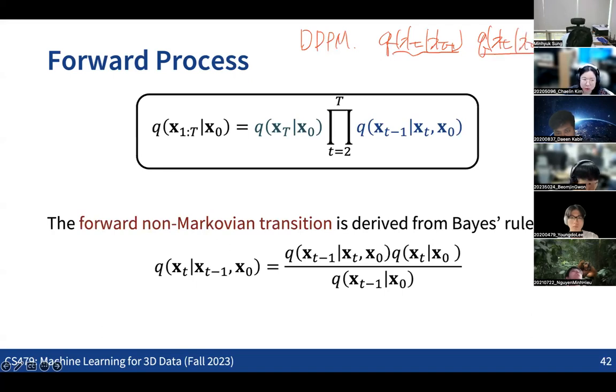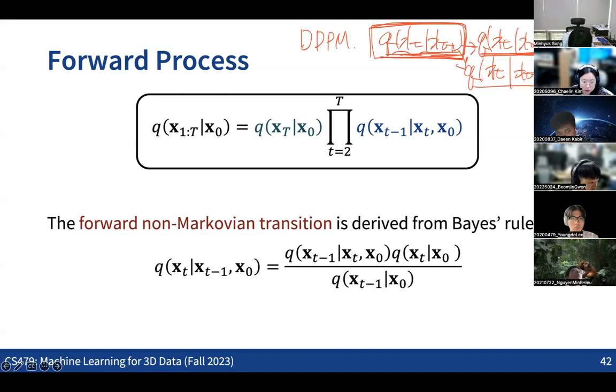We only defined the probability of xt given xt minus 1, and from this we could derive the probability of the forward jump, xt given x0. And based on that, we could derive xt minus 1 given xt.